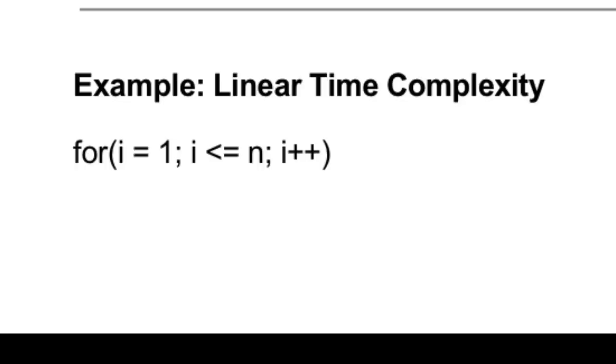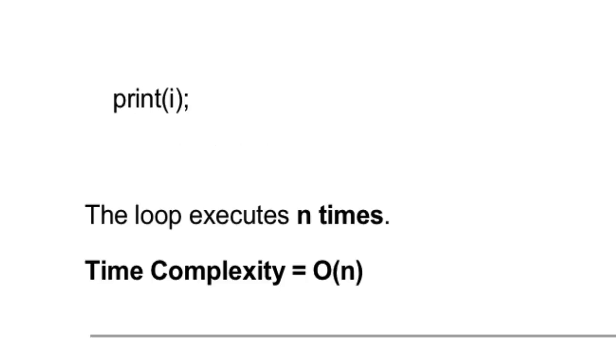Next example is linear time complexity. Look at another example: for i equal to 1, i less than n, i plus plus, print i. How many times does the loop execute? n times. If n is 5, the loop executes 5 times.